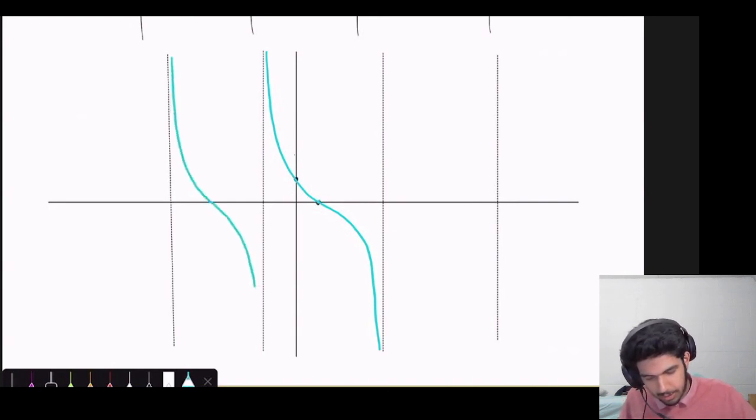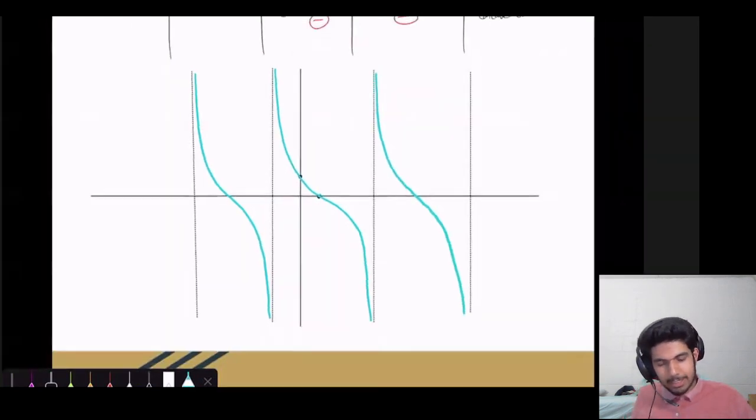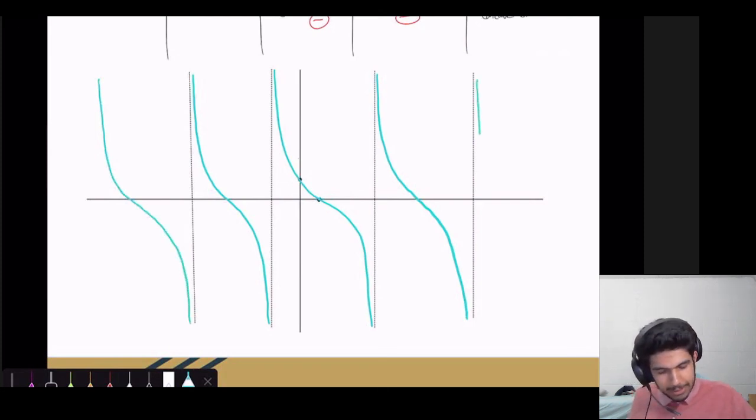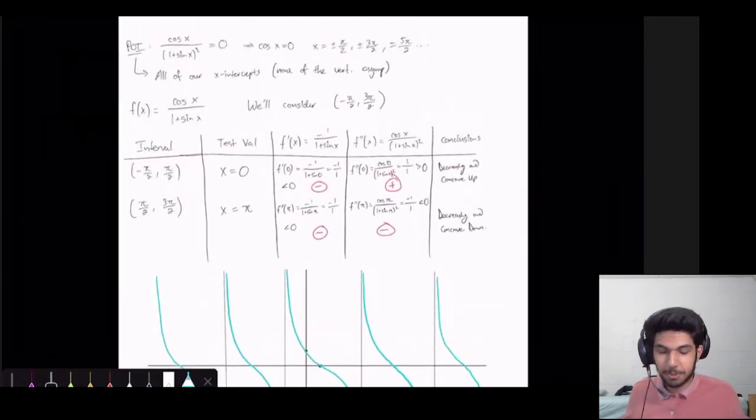We want to make sure we're intersecting at the appropriate x-intercepts, so you can check your work for that. And it's the same graph, and it just continues on and on. And this is due to the periodicity of the trig functions. And yeah, so that's our last example for curve sketching.